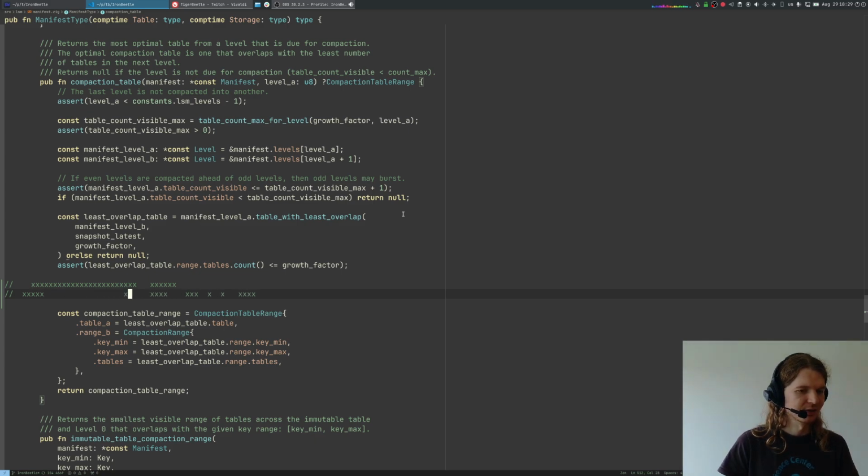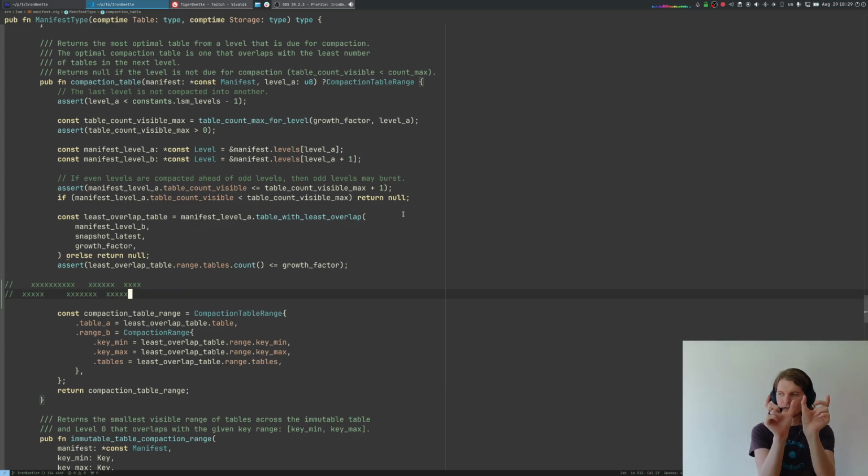some tables overlap 2 tables from a previous level. So the worst case is going to look something like this. Whenever there are 2 neighboring tables in level A, in level B we have a table which overlaps both of them.